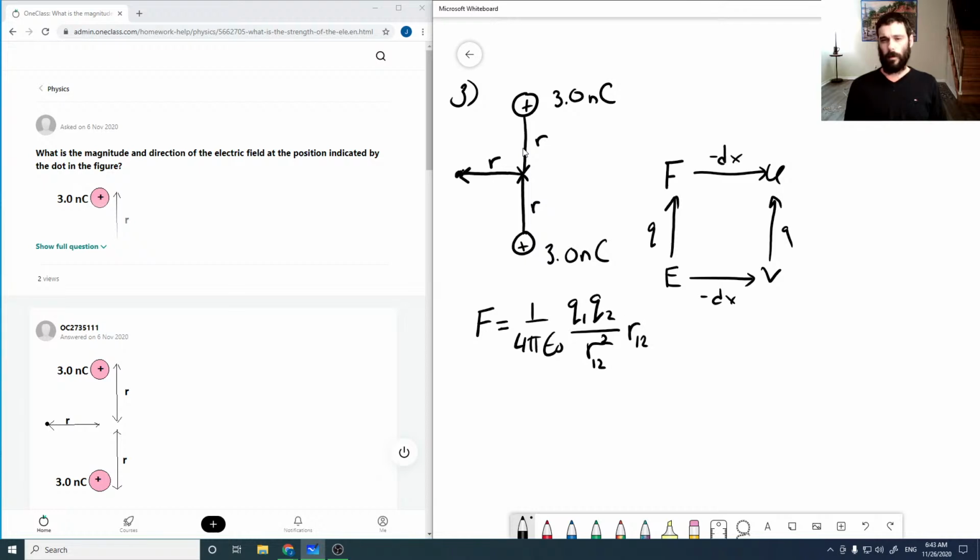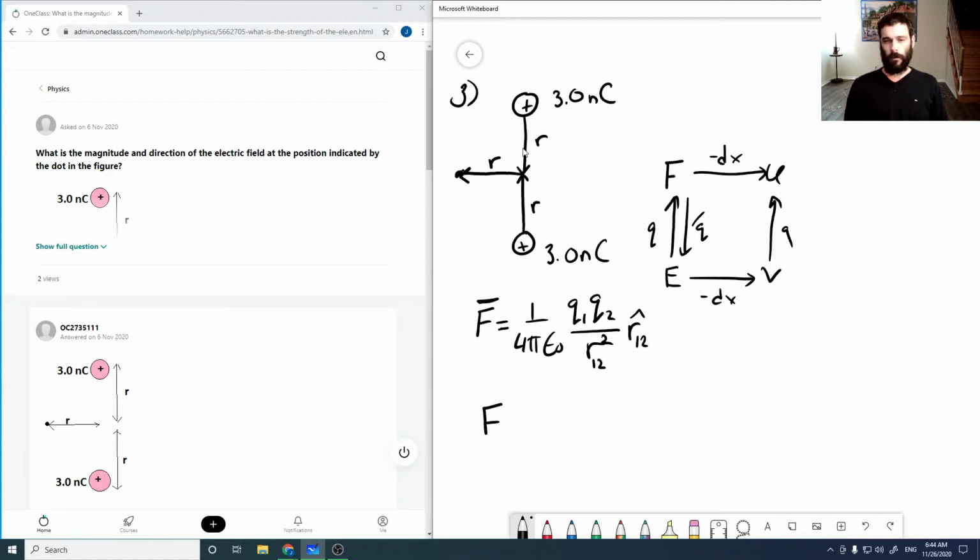I should also say R12 hat, because we're going to be dealing with more than one dimension, so it's going to be handy to keep our vector notation in hand. So going from force to electric field would be division by Q, so get rid of one of those Q's.